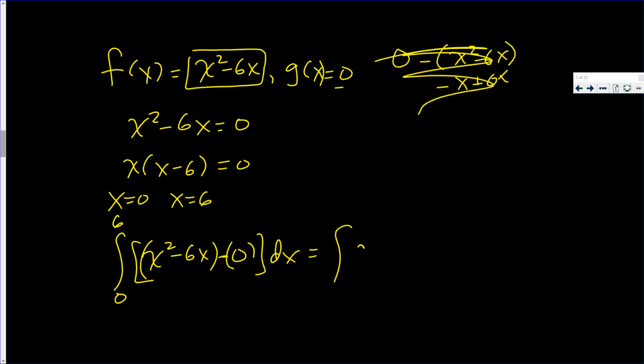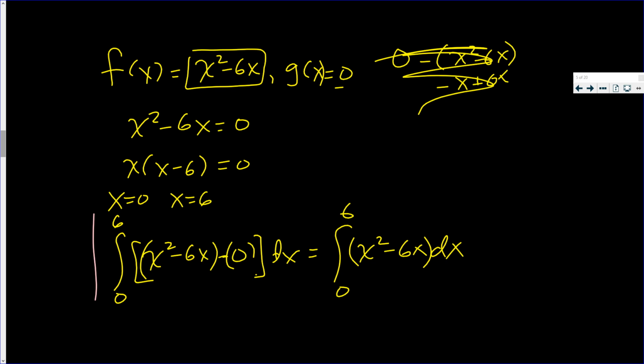So this is the integral of x squared minus 6x dx from 0 to 6. And just in case I should have done 0 minus, I'm going to take the absolute value of my answer. So I'm just going to do the integral normally, and in the end, whatever answer I get, it's got to be positive.